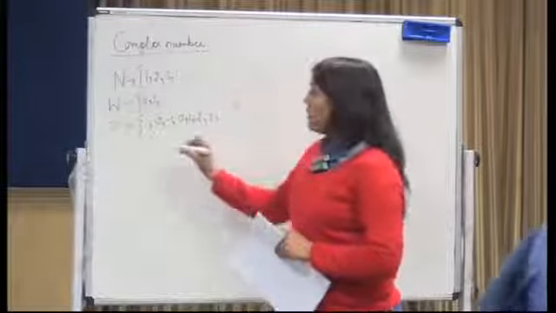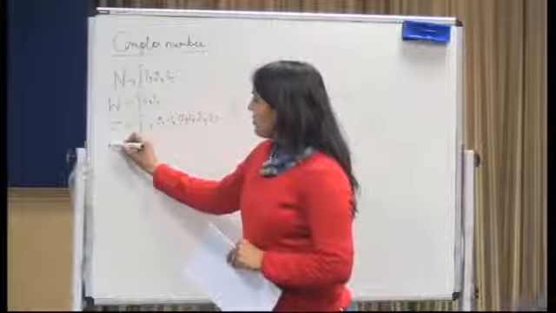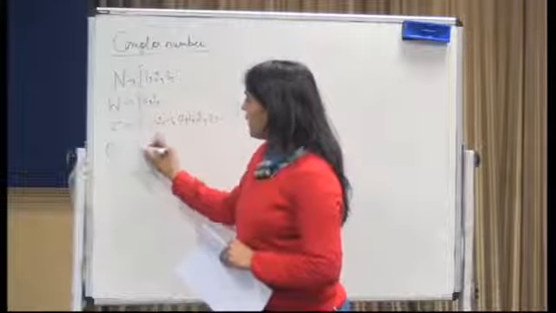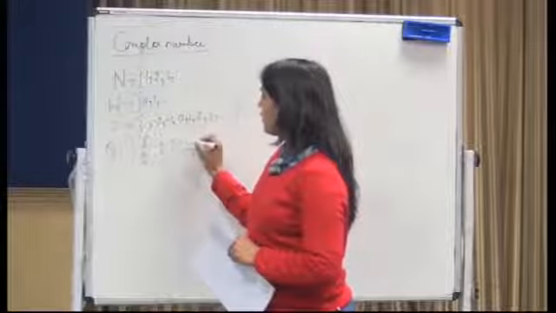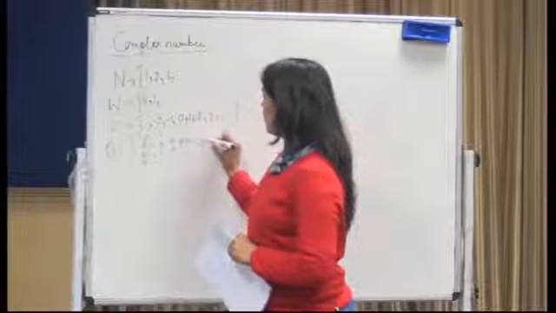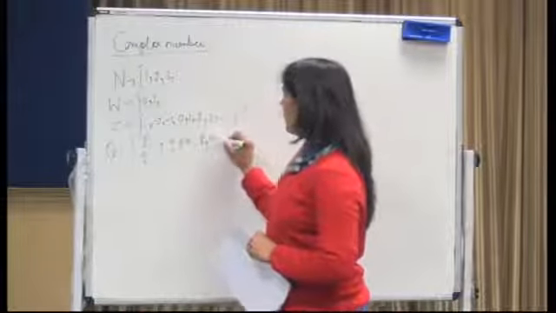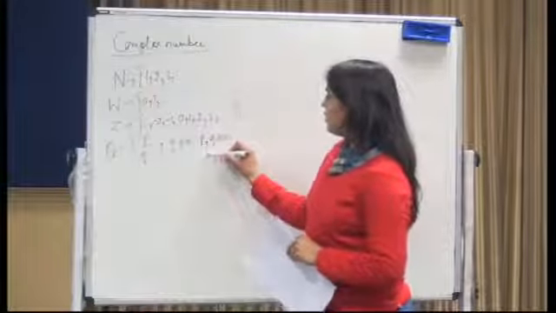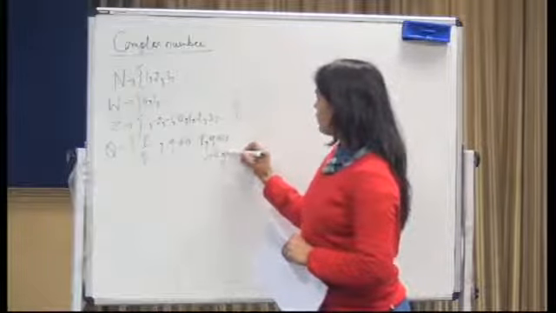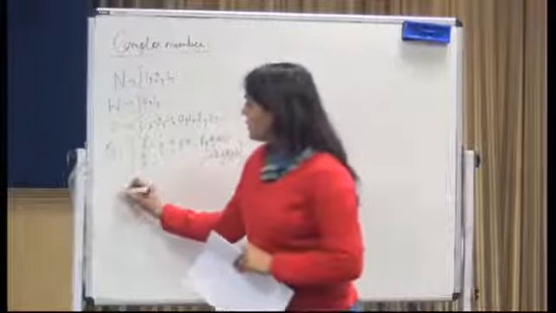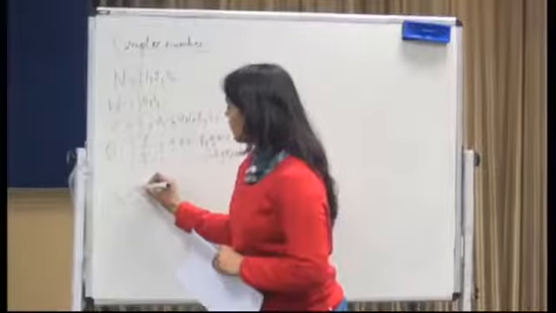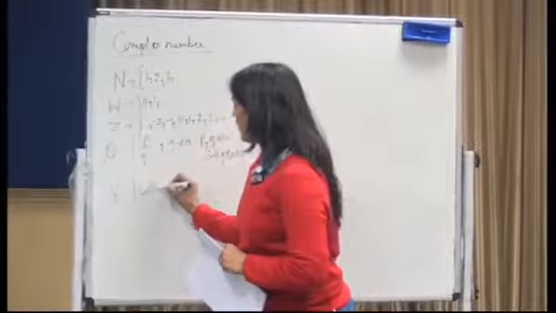Now the next set is the set of rational numbers, and they are of the form p by q, where q is not equal to 0, and p and q are integers. Yes, very good. There is another set also, and that set is the set of irrational numbers.